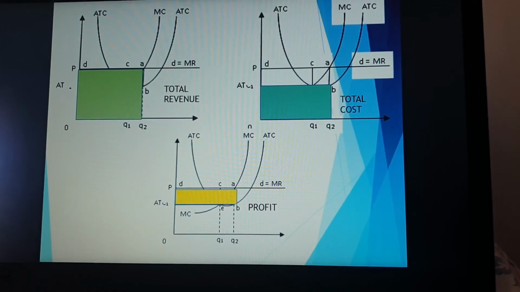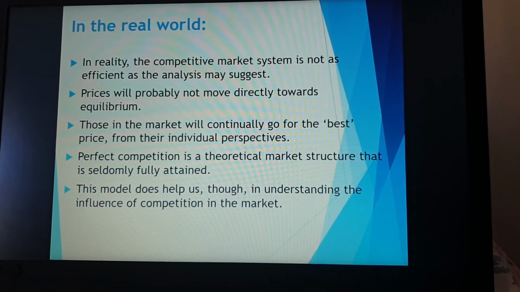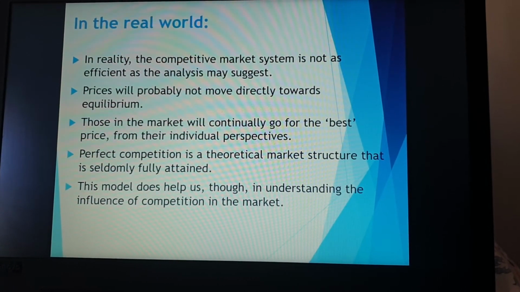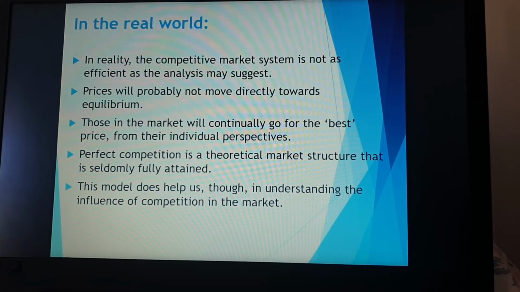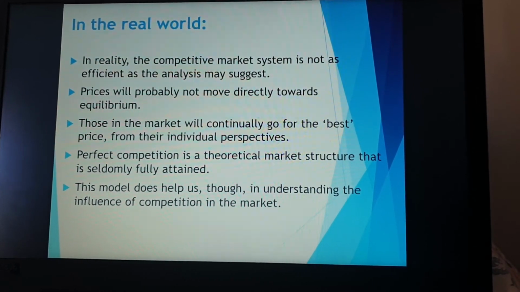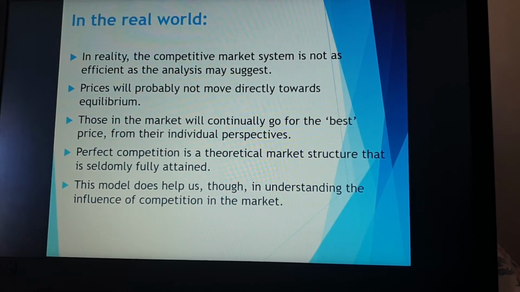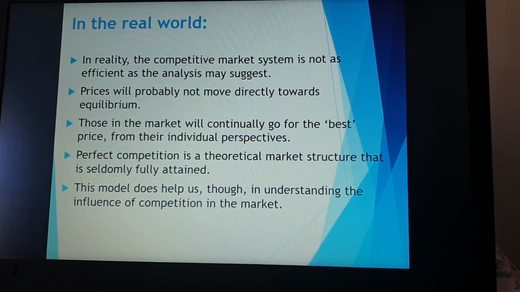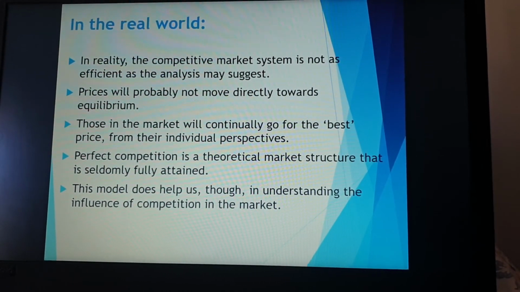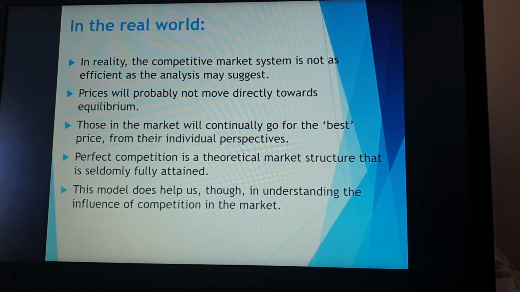Then in the real world, in reality, the competitive market system is not as efficient as the analysis may suggest. Prices will probably not move directly towards the equilibrium point. Those in the market will continually go for the best price from their individual perspectives. Perfect competition is a theoretical market structure that is seldom fully attained.